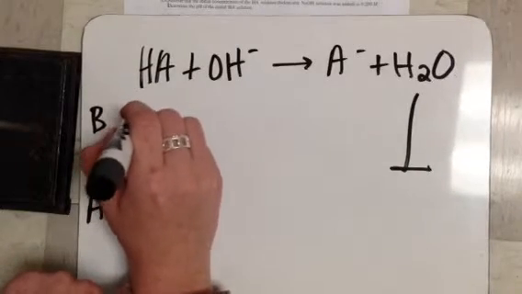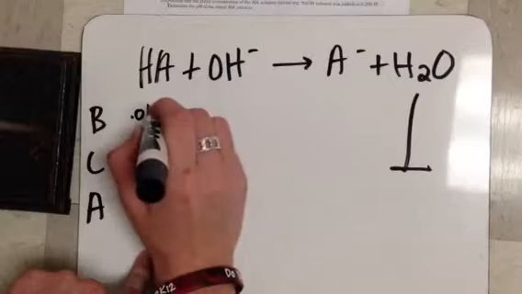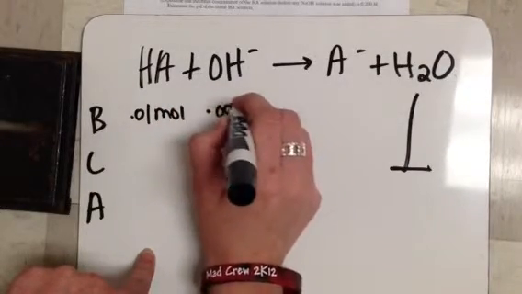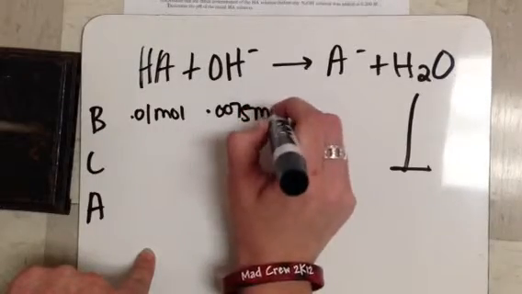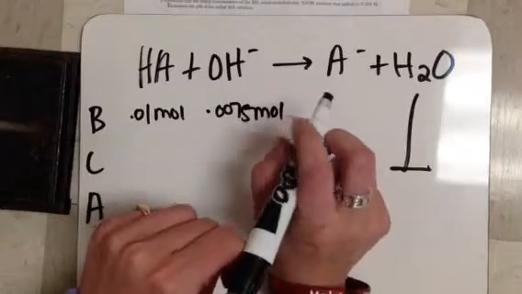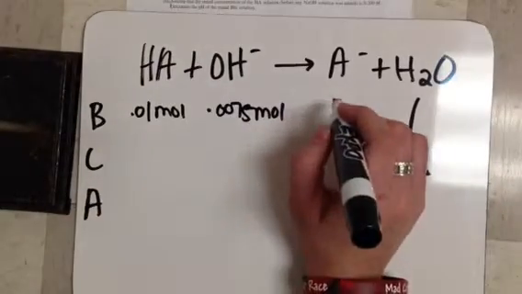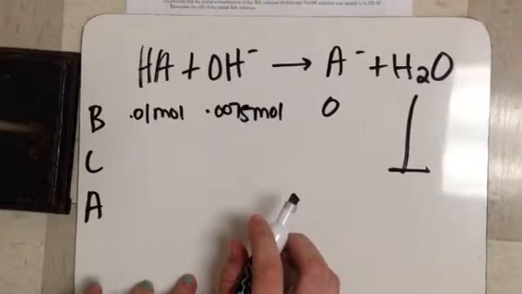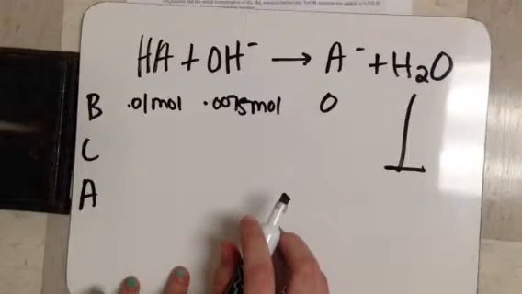So to begin with, we have 0.01 moles of HA, 0.0075 moles of OH minus, and nothing for the A minus because it's a product and the reaction hasn't happened yet.